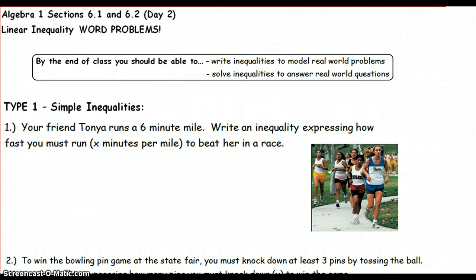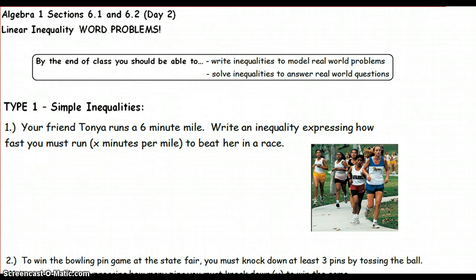Type 1 is simple inequalities. So let's take a look at number 1. Your friend Tonya runs a 6-minute mile. Write an inequality expressing how fast you must run, x minutes per mile, to beat her in a race.